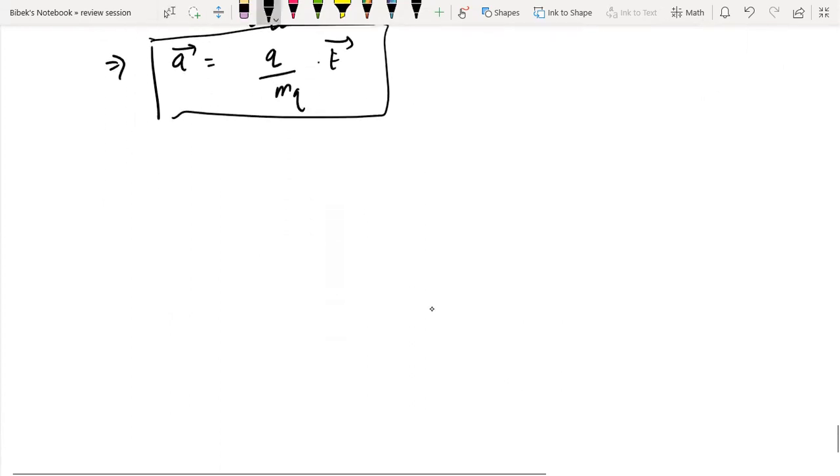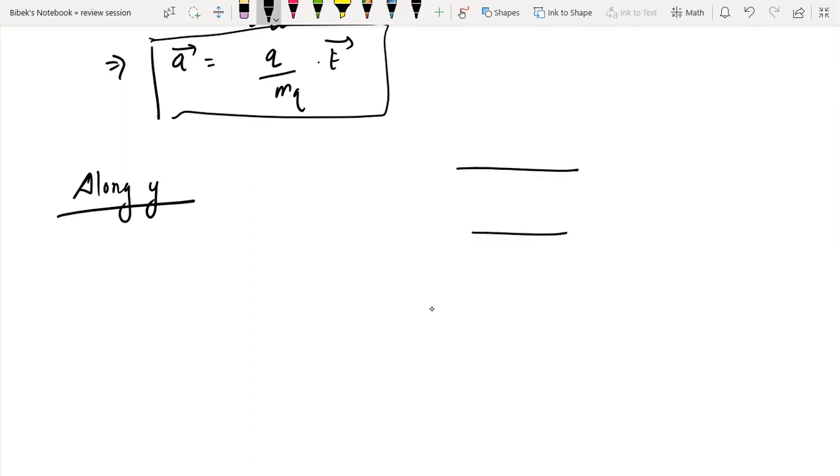Okay, so along Y, if we use the kinematic equation along Y, you have the electron here, and it travels like this. So the vertical distance traveled is 0.5 centimeter, right? This is the plus Y direction.